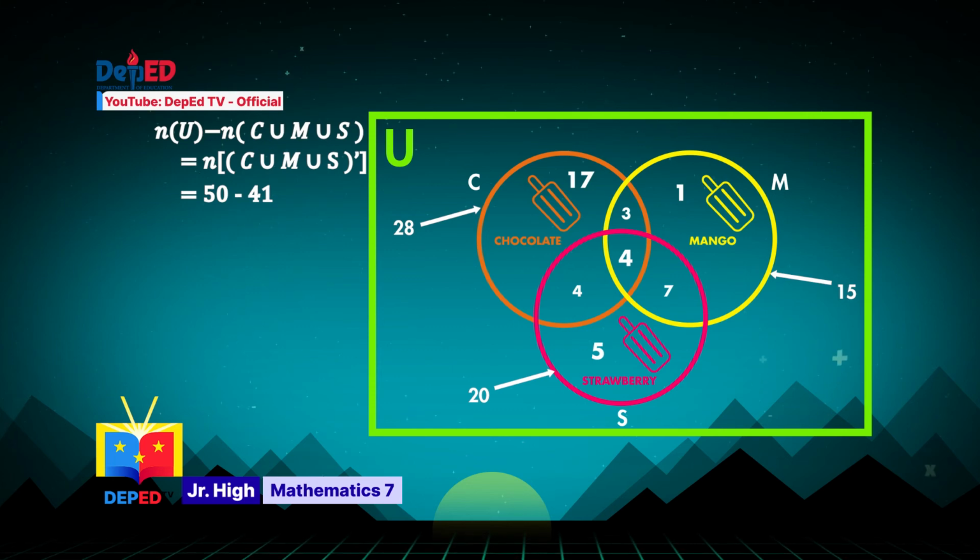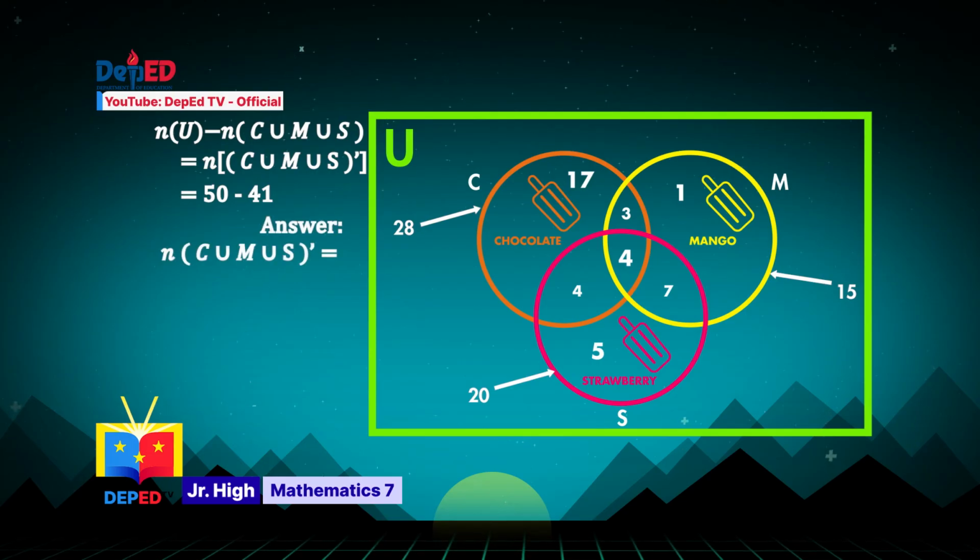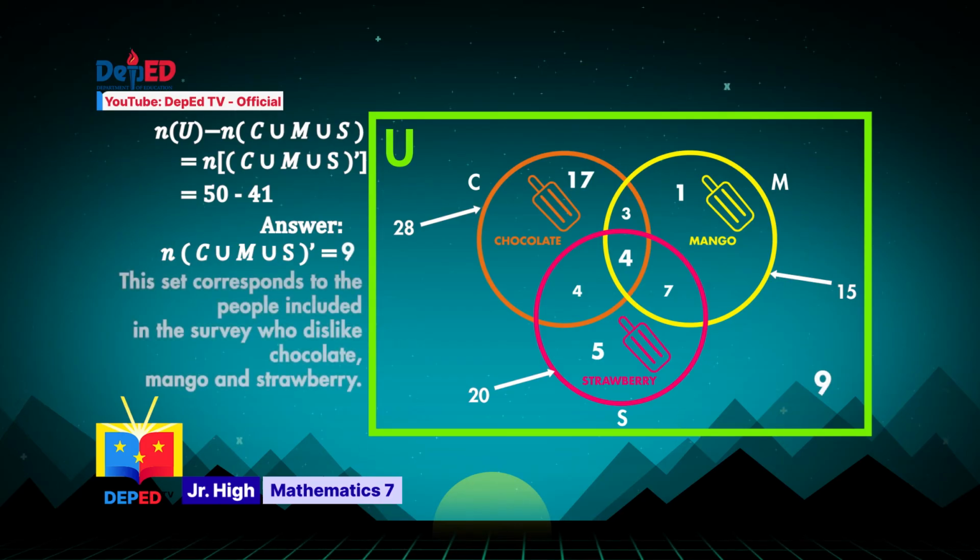Correct! We get the complement of the union of sets C, M, and S. And the answer to that is 9. This number of people represents those respondents who dislike all three flavors.